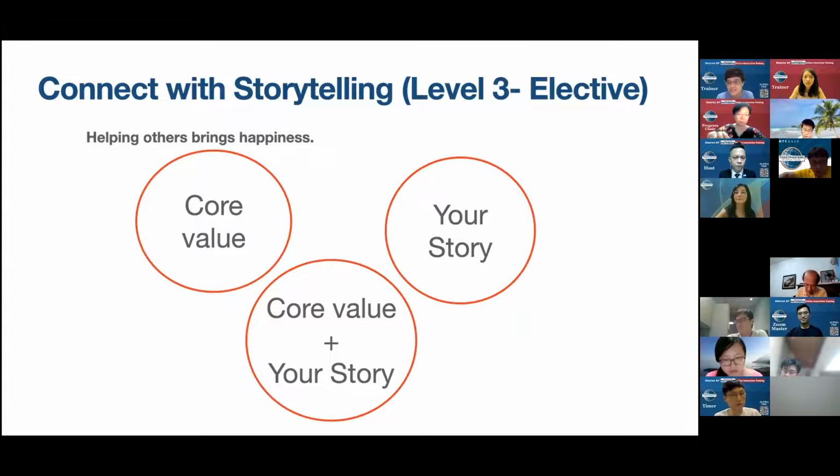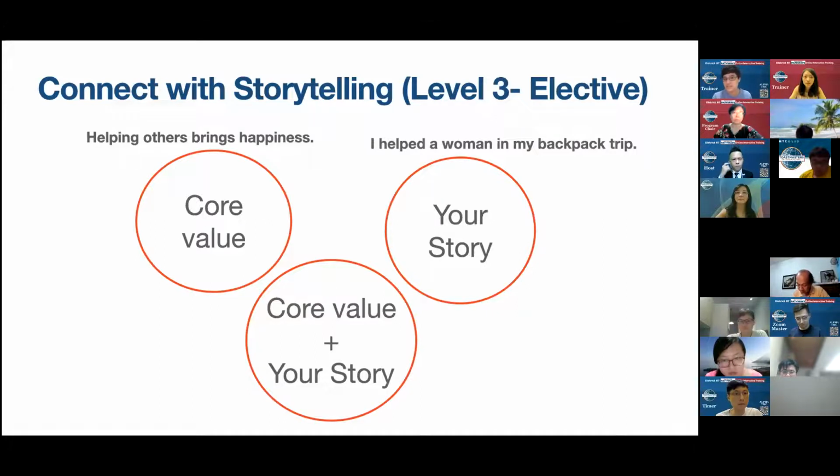But after I introduced this idea, next I found a story in the closet of my life experience. A couple of years ago, maybe 10 years ago, I backpacked in Los Angeles, and I helped a woman at a metro station.